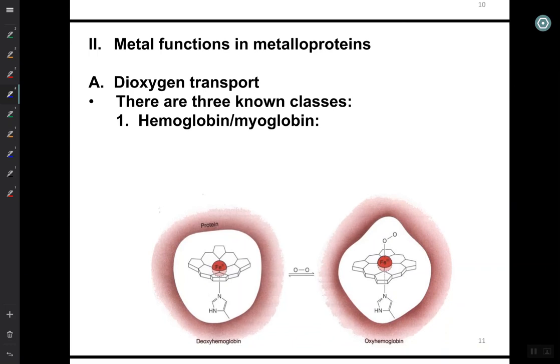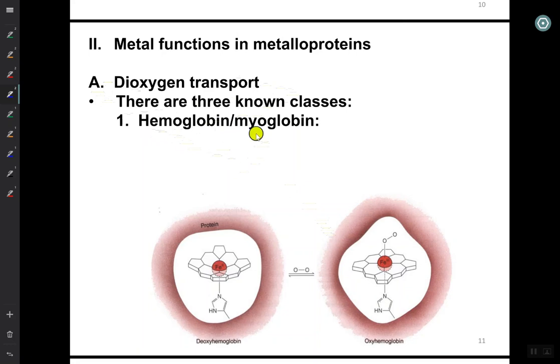So this lecture is organized in terms of functions. So we'll go through different functions of metal-containing proteins and then give some examples to kind of illustrate how they work. So one very important function of metalloproteins is involved in O2 transport. And there are three main classes that have very different active site structures.